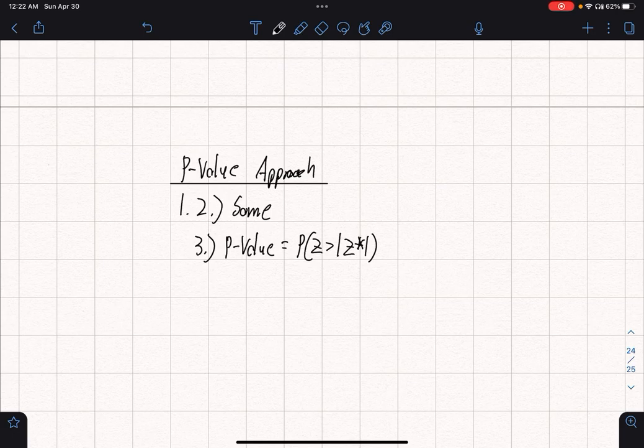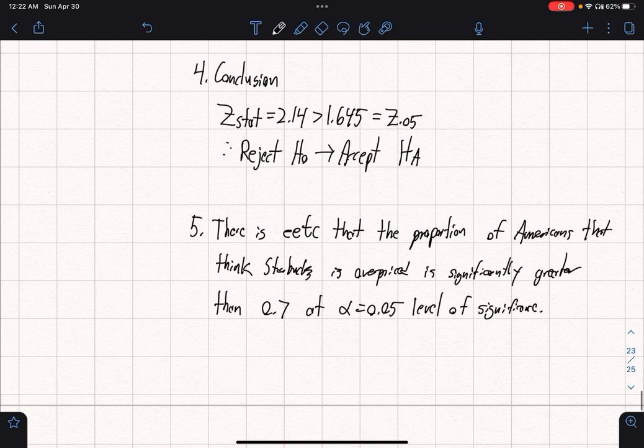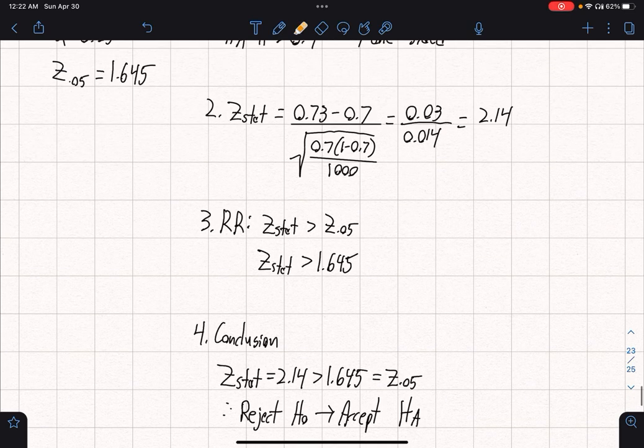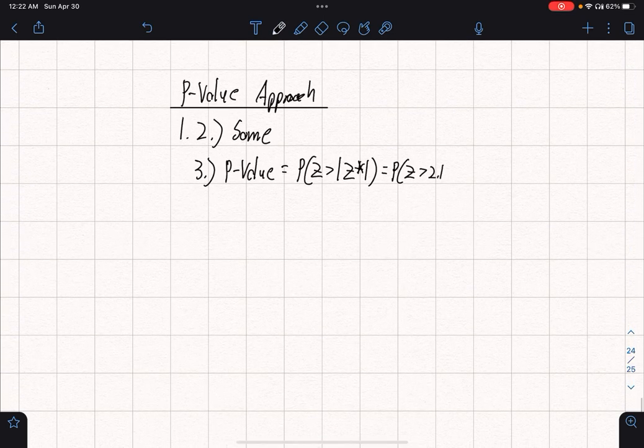We're not going to multiply by 2 here, because this is one-sided. So this is the probability z bigger than z stat, which we found to be 2.14. So z bigger than 2.14.